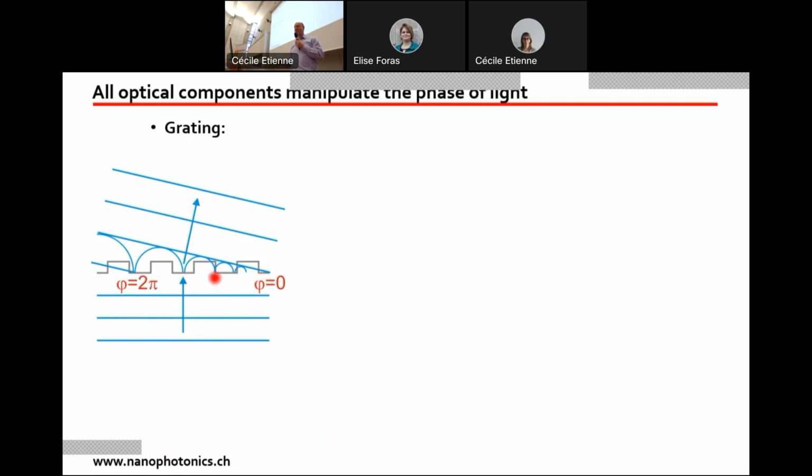But here there is a little bit of phase difference. You see, it acquires, it's like it would jump a little bit such that it goes to the side. And further along, it will jump more until you reach the next phase front, which is here. And then again, between this point and that point, you have a phase difference of 2 pi. This is why some of these metasurfaces are called phase gradient metasurfaces, because there is a gradient of the phase between that point and that point.